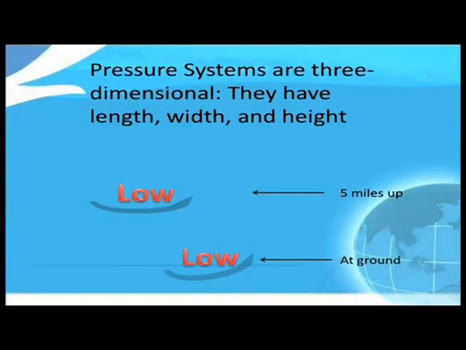And then 3 days after that, this low pressure center may have shrunk or dissipated altogether. Pressure systems are also three-dimensional. So even though we can see low pressure at the ground or measure it, oftentimes there's low pressure as well above the low or slightly back to the west of the low at upper levels.